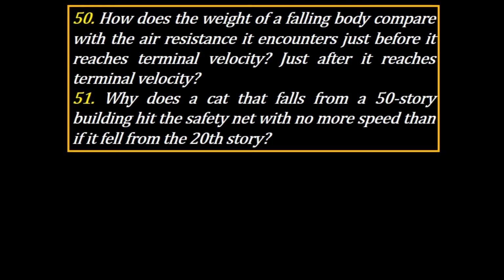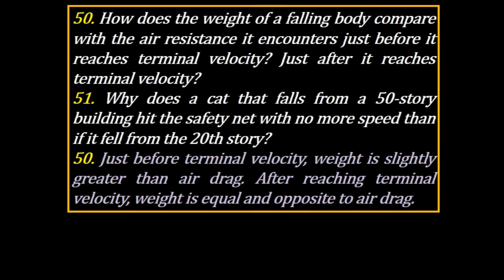Why does a cat that falls from a 50-story building hit the safety net with no more speed than if it fell from the 20th story? Because it reaches terminal velocity at about the 20th story, which is a little bit weird of a problem, but that's actually quite true.